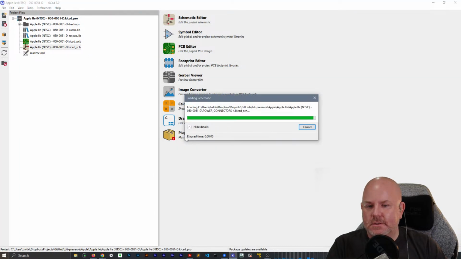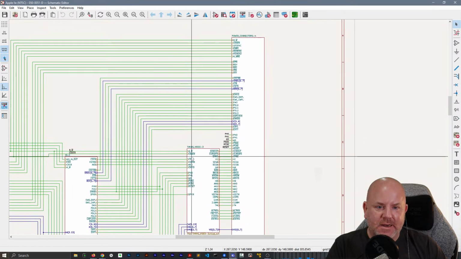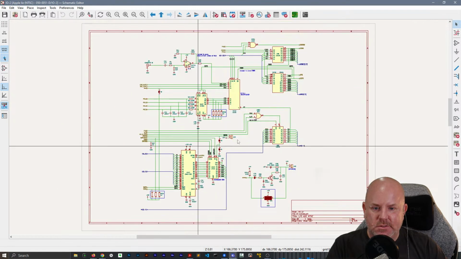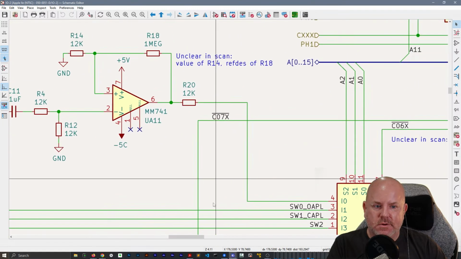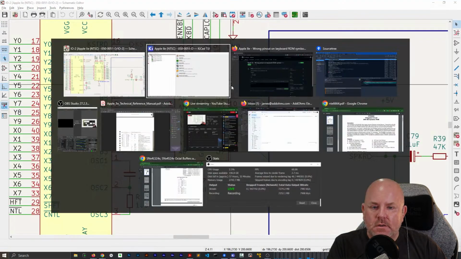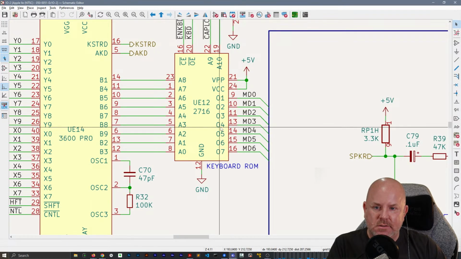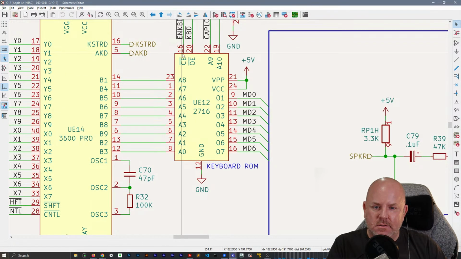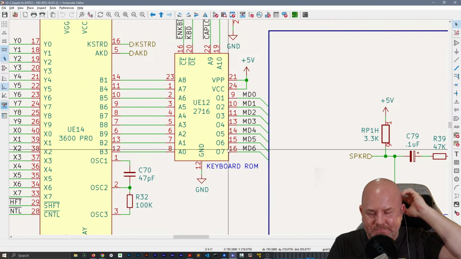Hold on. Why didn't I catch that? Why didn't I think to look at that first? Where's the ROM at? Is it this one? UE12. So he's saying pin 16 is both 07 and CE. Ah, darn it.